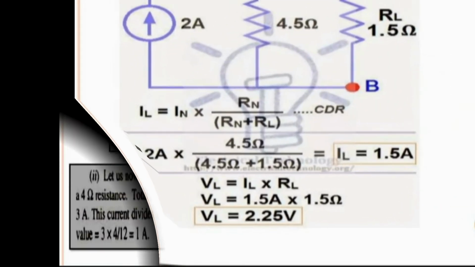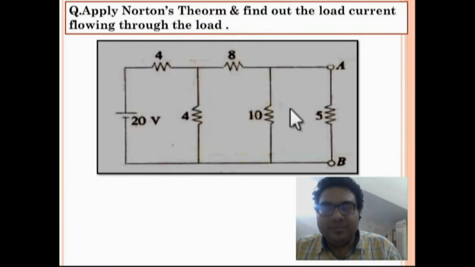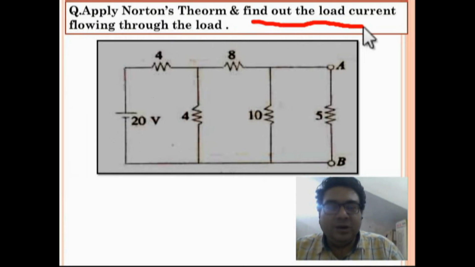So guys, here you can see a problem. The circuit is already given over here. This was the problem. So here we have to apply Norton's theorem and find out the load current flowing through the load.